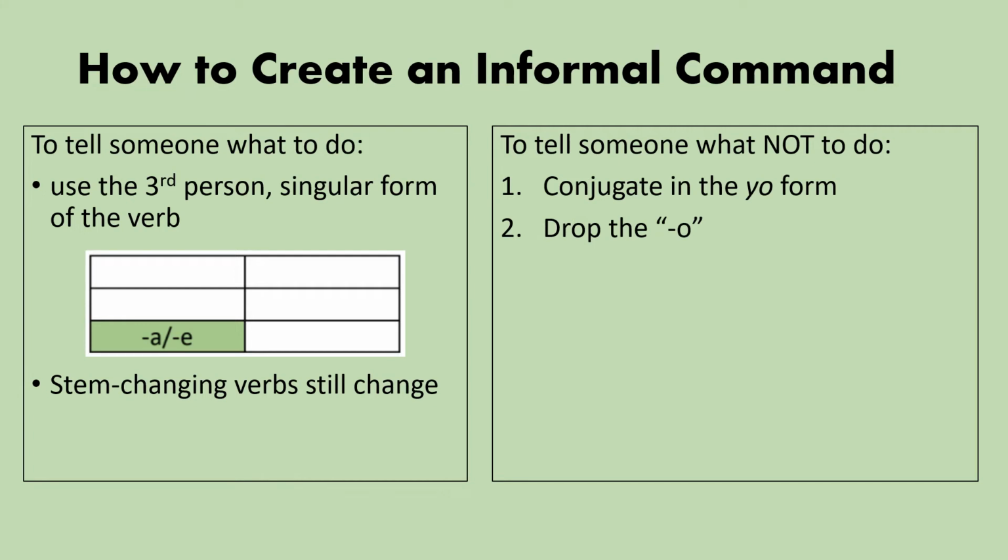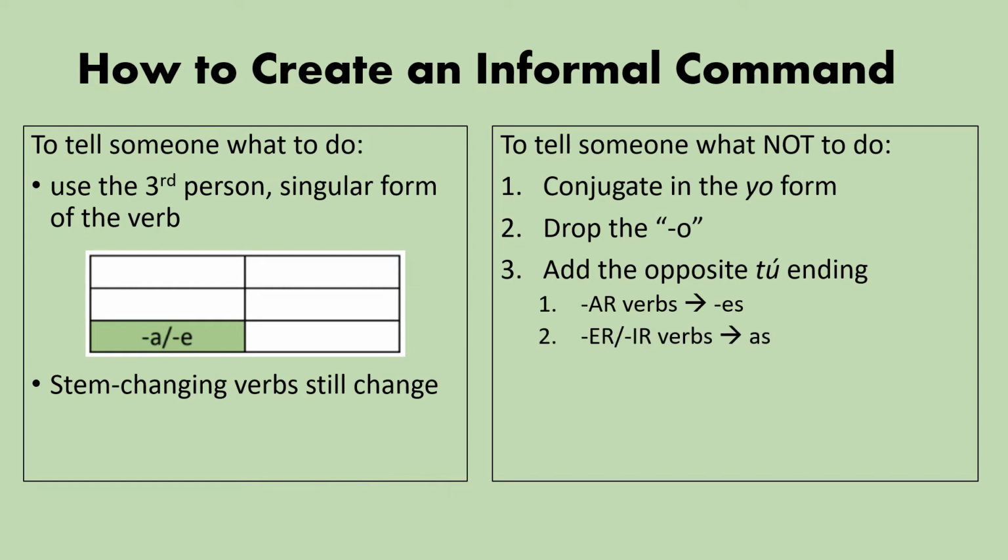Then take the O off and add your opposite tú ending. That's the second spot on the left, the tú form. So for AR verbs, that's ES, because it's the opposite. For ER and IR verbs, you're going to use the AS ending. So same verb endings, you're just doing the opposite tú form.